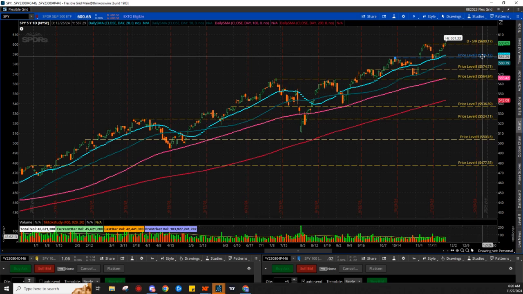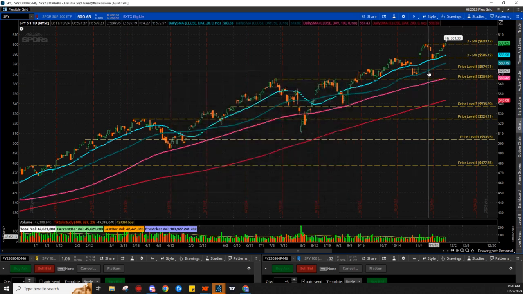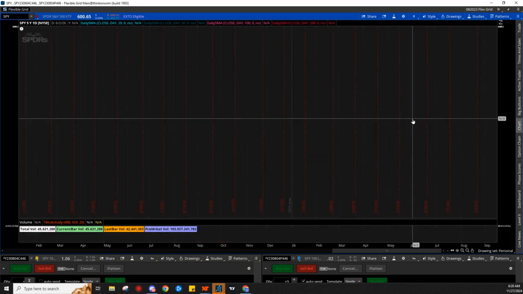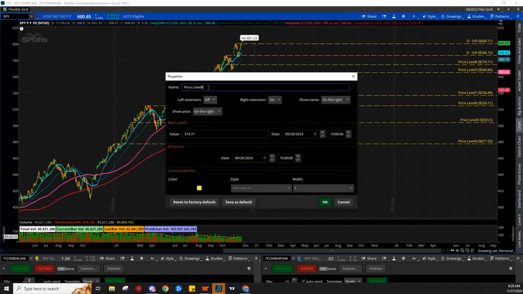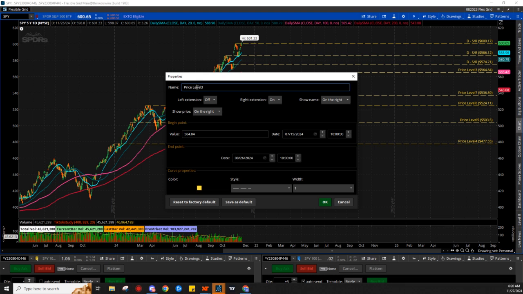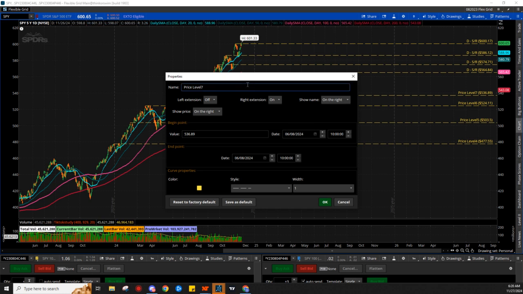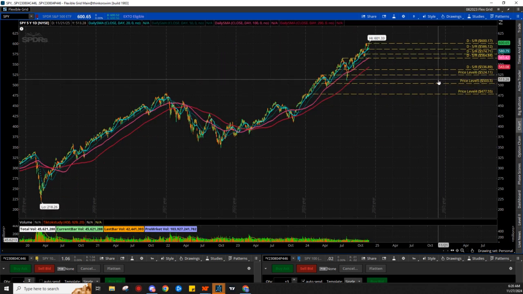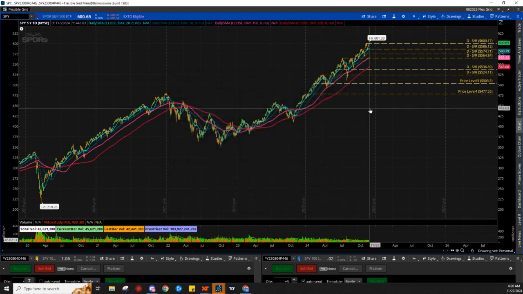These are the dailies. I do always like to label where my support and resistance is coming from, because that's the only way to remember.